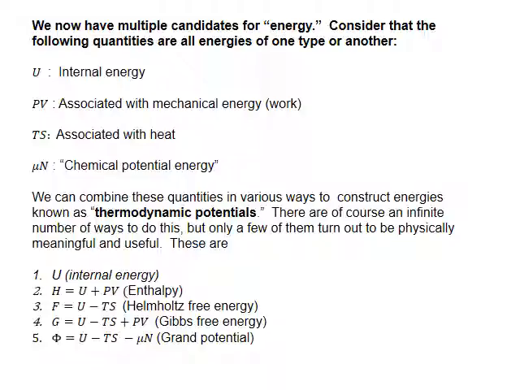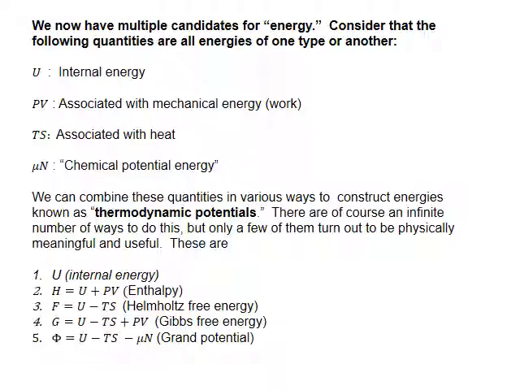This is something that does have an obvious physical interpretation and is naturally going to be in our list. The second is work. So pressure times volume is certainly related to work. If the pressure is constant, then P delta V is just the work done. So PV is something that would be a candidate to appear in a form of energy that's useful.